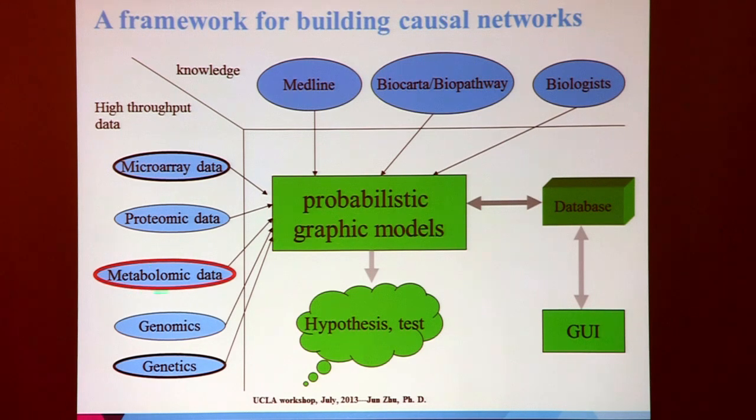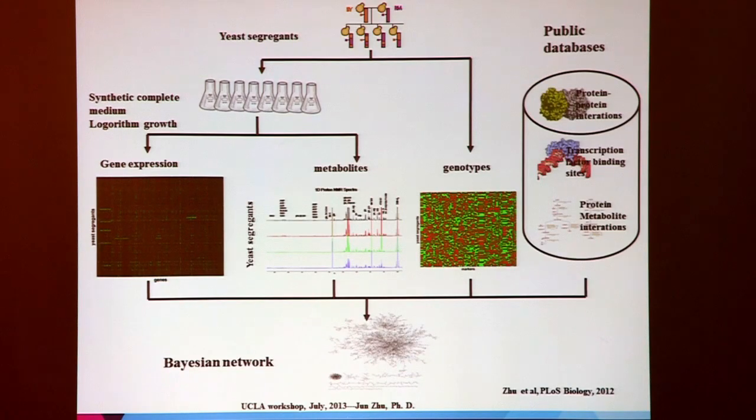We compared with proteomic data, and there was no supporting information. So we said maybe metabolite data is the regulation. So we systematically generated metabolomic data to see whether we can integrate all this information to answer our mechanism question.